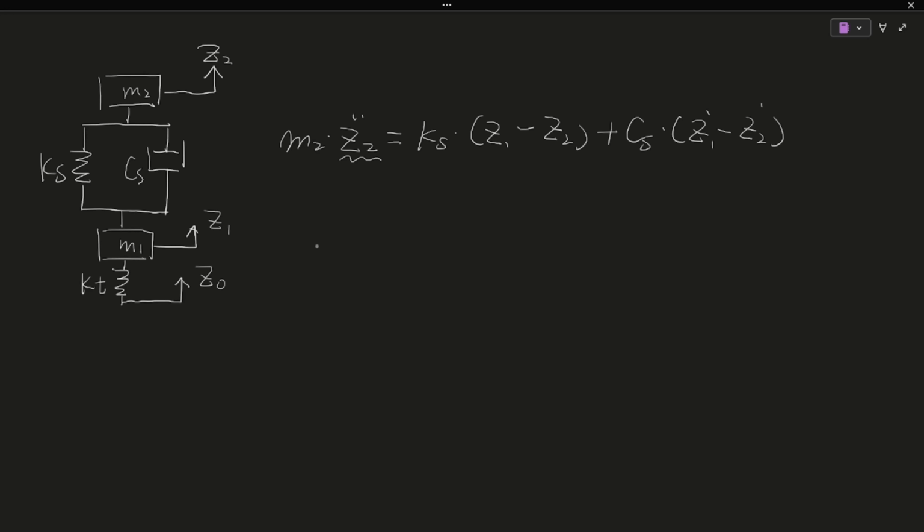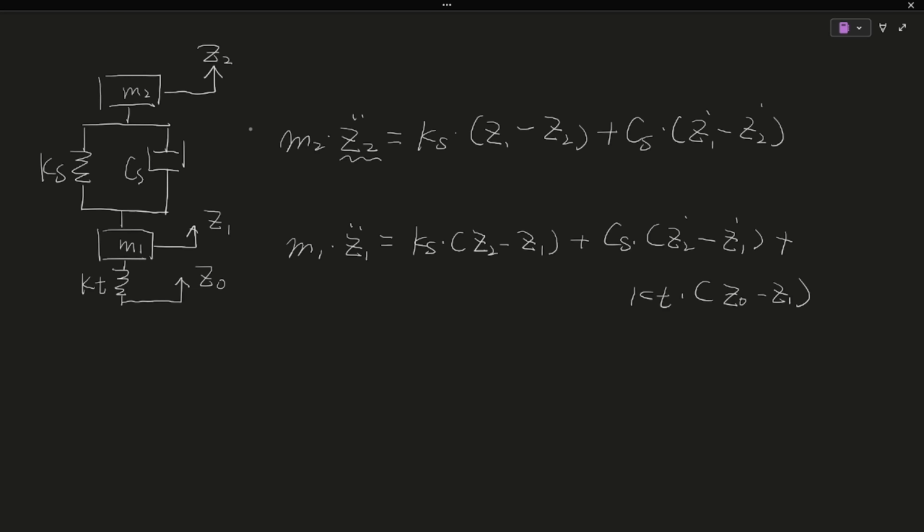And next, for the unsprung mass, M1 times Z1 double dot equals Ks times (Z2 minus Z1) plus Cs times (Z2 dot minus Z1 dot) plus tire stiffness Kt times (Z0 minus Z1). Now we have these equations of this model.